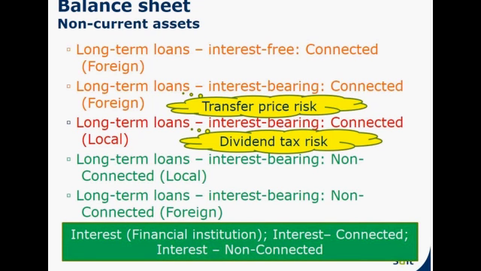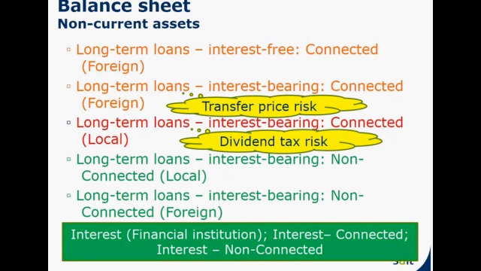Then the next are loans that are interest-bearing to connected persons. And why is that also in red? Now, this would be a transfer pricing tax risk, and a loan to a connected person could also carry dividend tax risk.